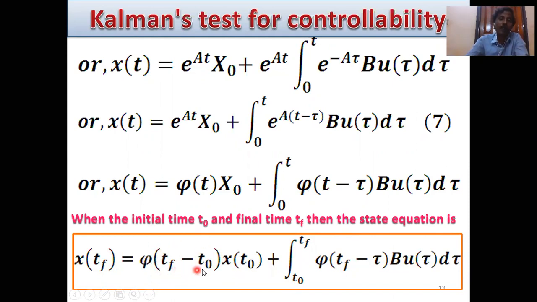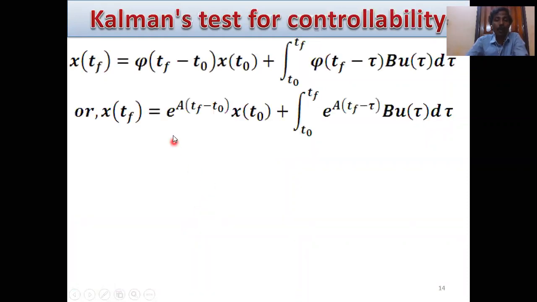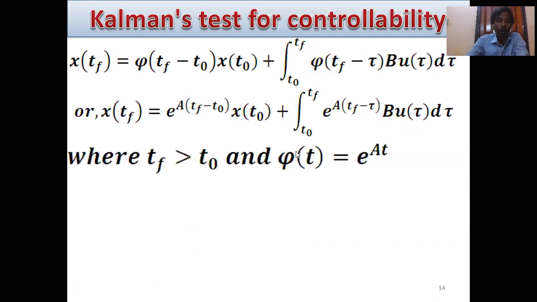Put phi(tf minus t0) equals e^(a(tf minus t0)), so x(tf) equals e^(a(tf minus t0)) x(t0) plus t0 to tf phi(tf minus tau) b u(tau) d tau, where tf is greater than t0, and phi(t) is equivalent to e^(at).